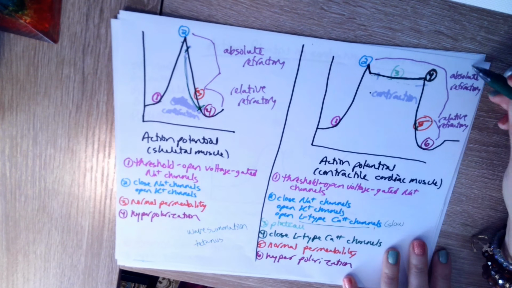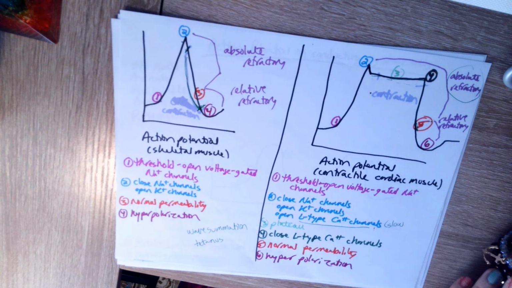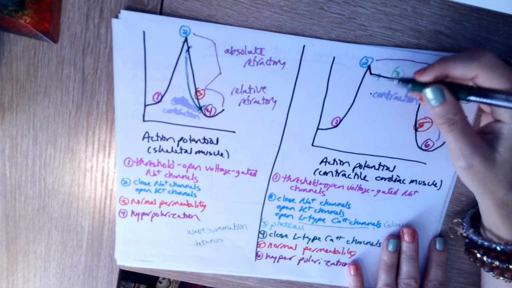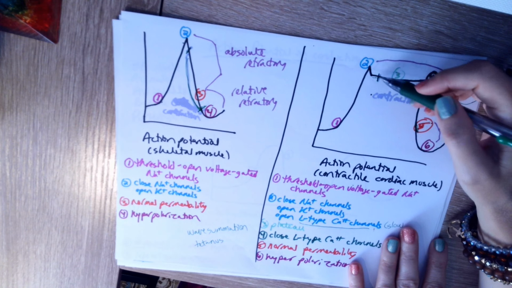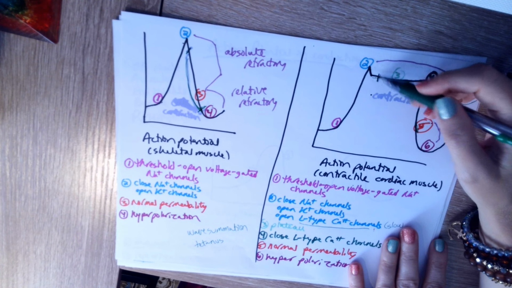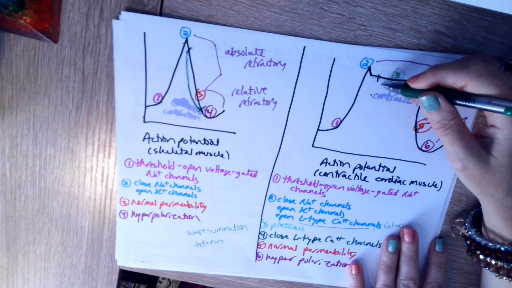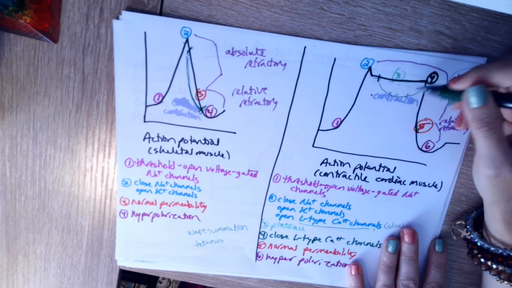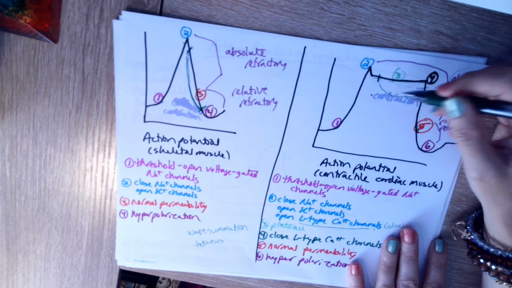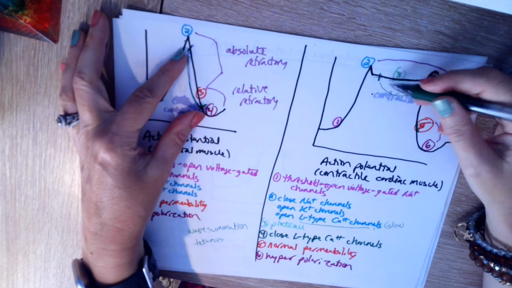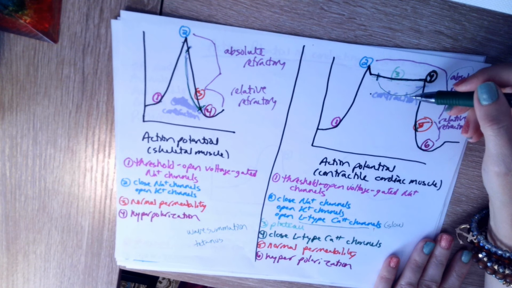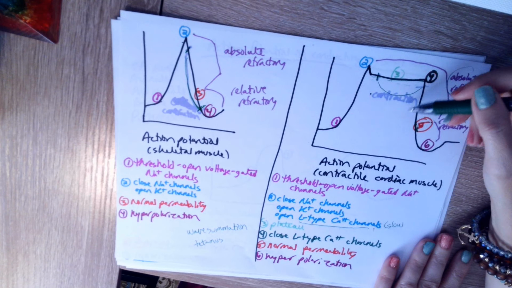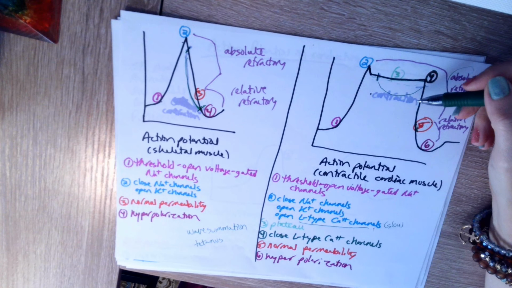So the point here is that with this absolute refractory period being so long, we have the contraction starting again soon after the peak of the action potential. So not really different, but that contraction is going to take about the same amount of time. But because that absolute refractory period is longer, the contraction is completely finished by the time the absolute refractory period is over.